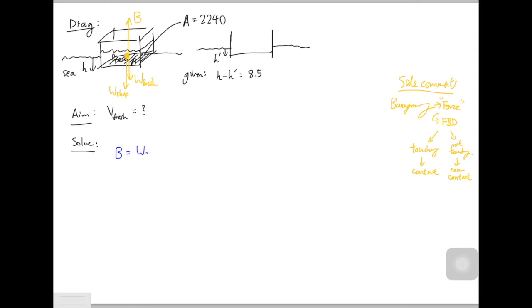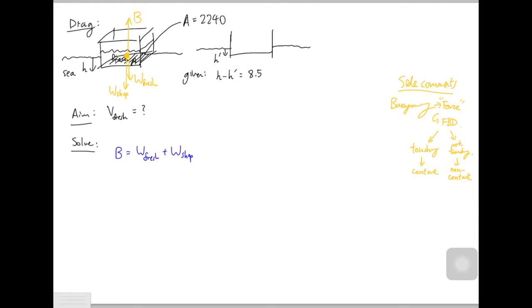B has to equal W fresh plus W ship. And the reason should be obvious, because all the upward forces should balance the downward forces if the ship were to float. Otherwise, it will either fly into the air or it will sink to the bottom. So this is the equilibrium situation.